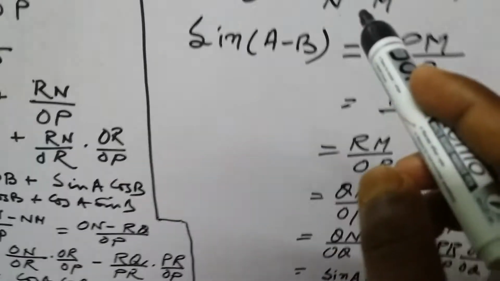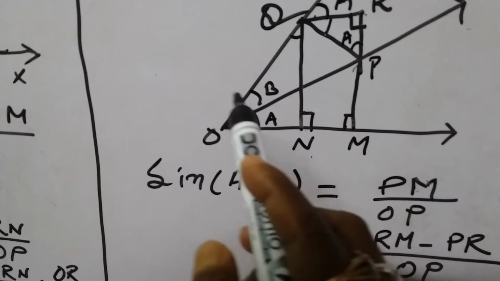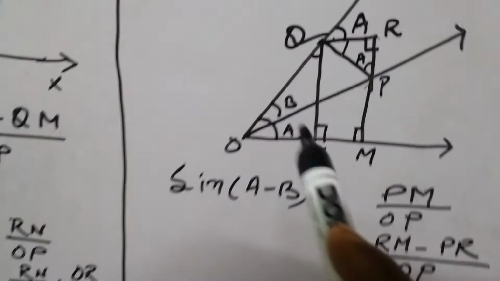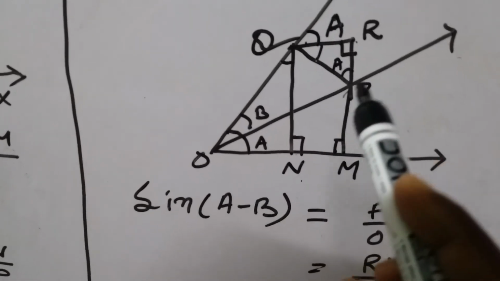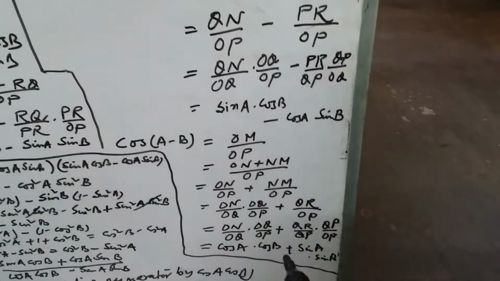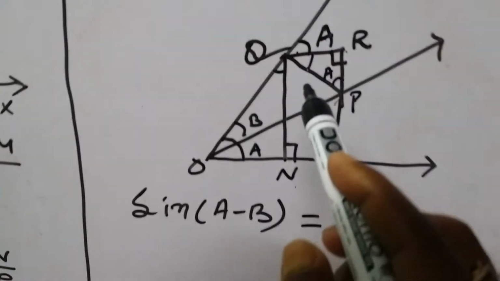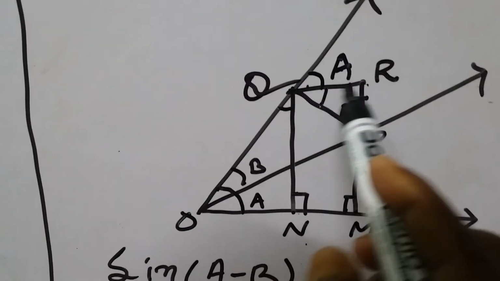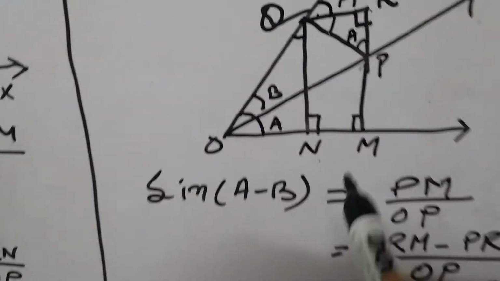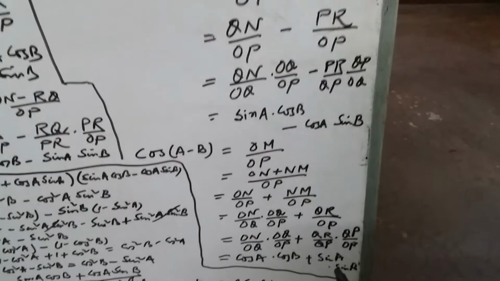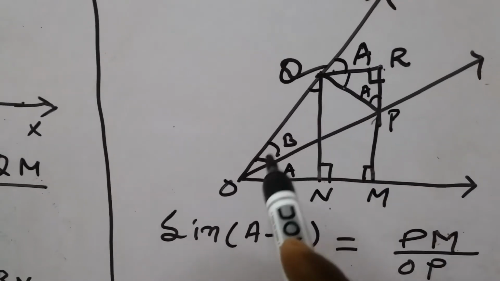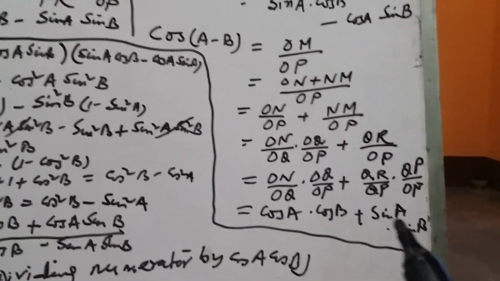So ON by OQ is cos A, and OQ by OP is cos B. And QR by QP is sin A, and QP by OP is sin B. So cos(A-B) is equal to cos A cos B plus sin A sin B.